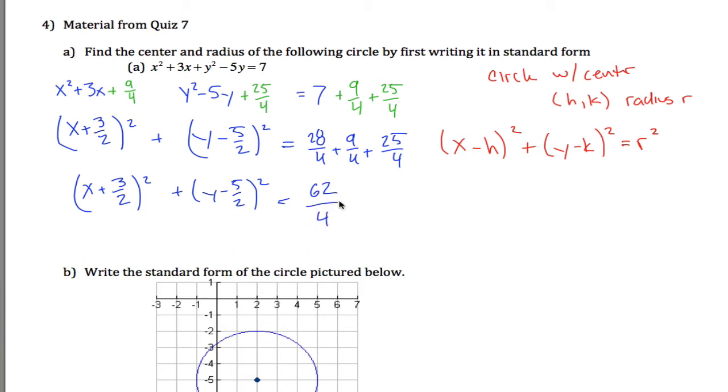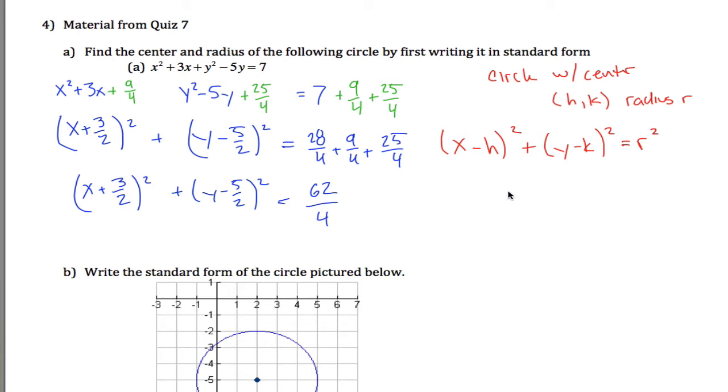Surprised I didn't make this a perfect square. Maybe I meant to. I can't remember. Anyways, it doesn't matter. If it's a perfect square, it's easier to see what the answer is. But in this case, it's not. That's okay. This is the standard form right here. If you want, you can reduce this fraction. You don't have to. This is the standard form.